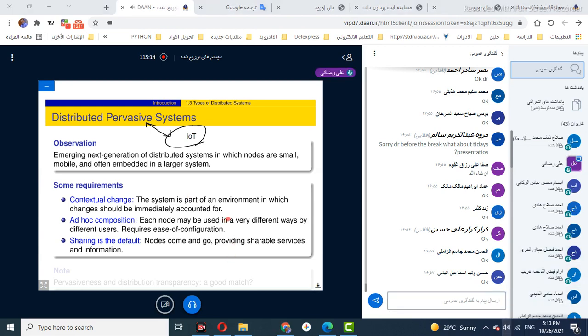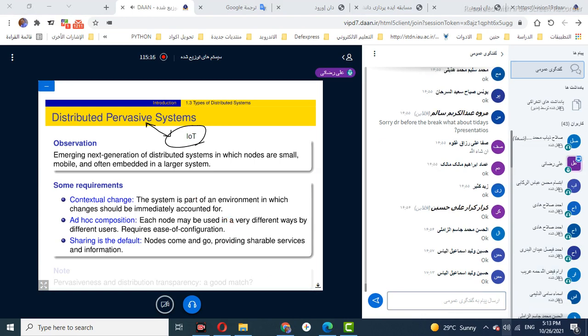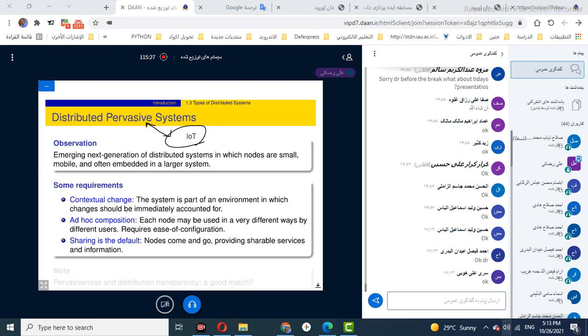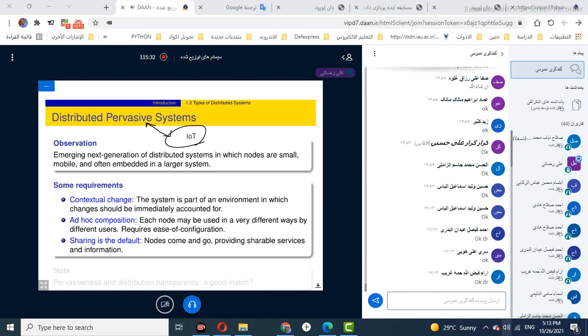So let me show you another example of an IoT device. Okay, this image is good, so you can see what I mean by, for example, a smart home.